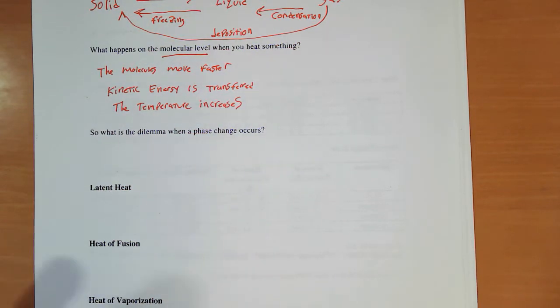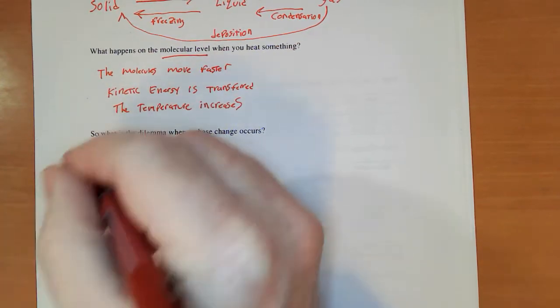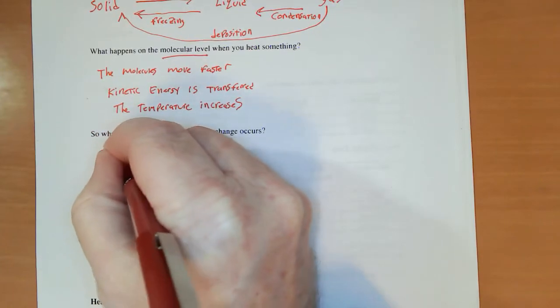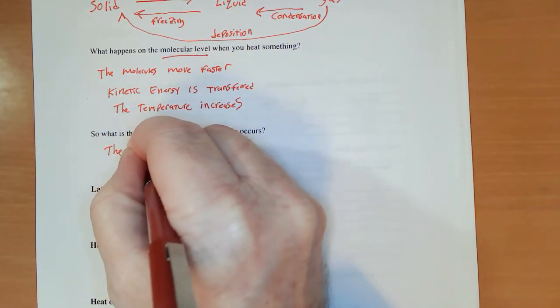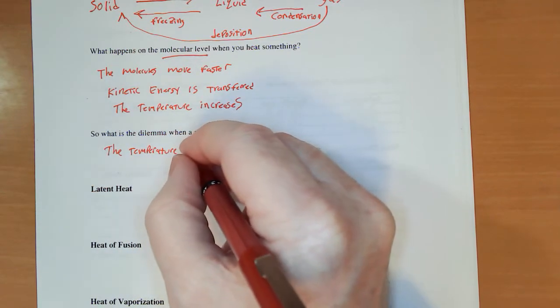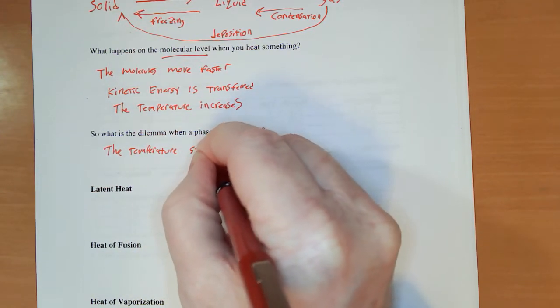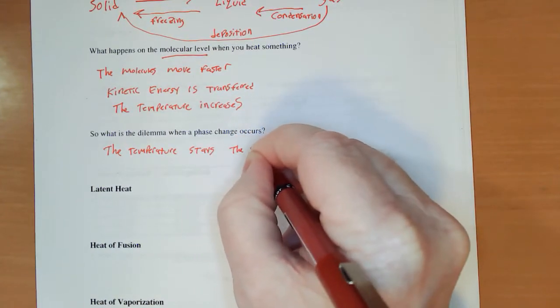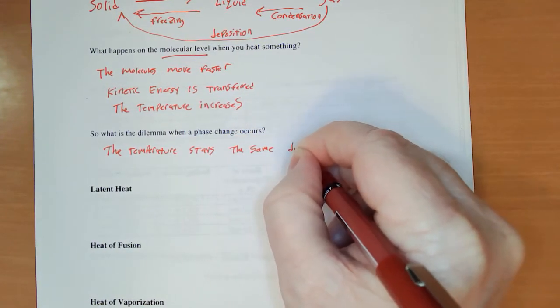But we know very well that there's a flame from the stove underneath that pot of water and heat's being transferred. So because this is just a semantic argument, not a chemistry one, we need to come up with some new definitions. So the temperature stays the same during a phase change.